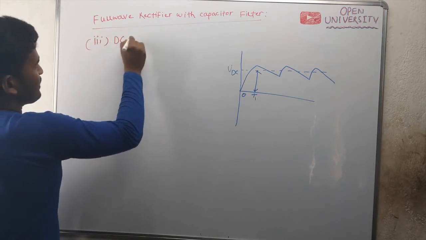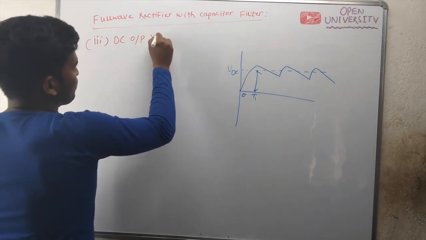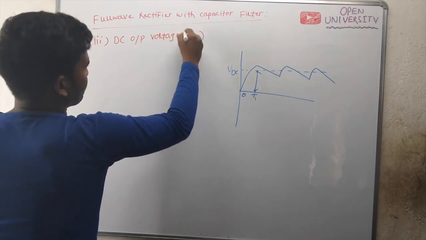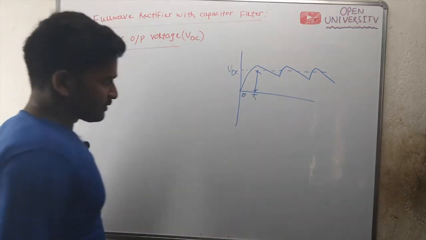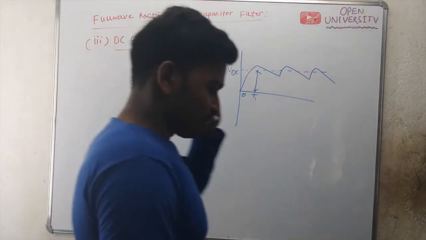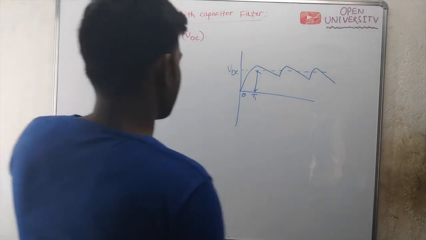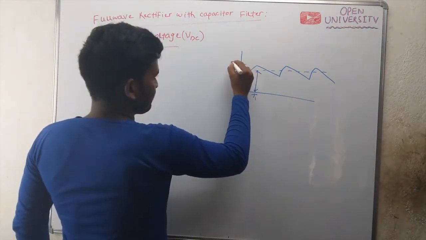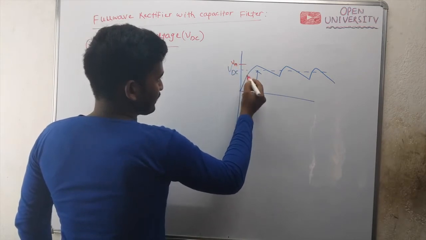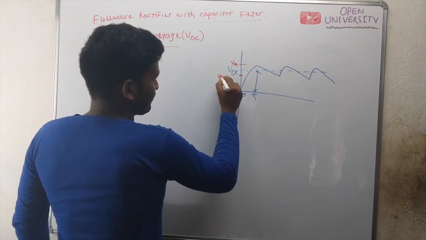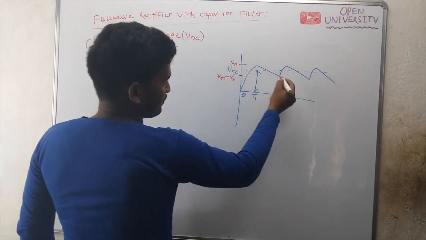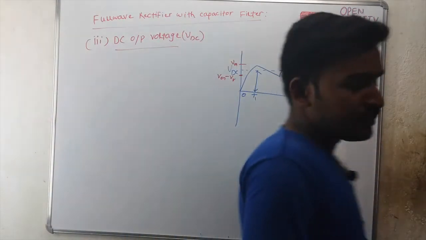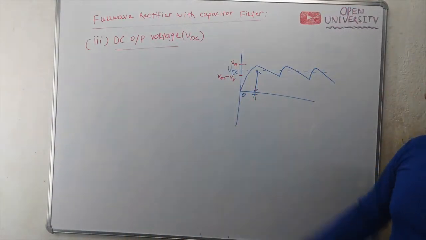That is DC output voltage, that is Vdc. What is the value of Vdc? So how to get the Vdc value? This is your Vm, and this is your Vm minus Vr, the minimum value. Maximum output voltage is Vm and the minimum output voltage is Vm minus Vr.